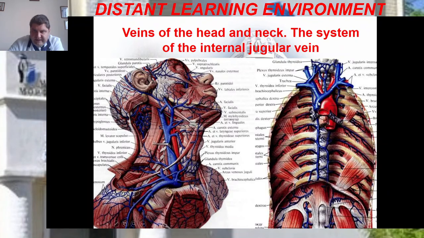You may see the superior vena cava here and also the brachiocephalic veins. It forms at the level of the first rib and passes to the right atrium of the heart.